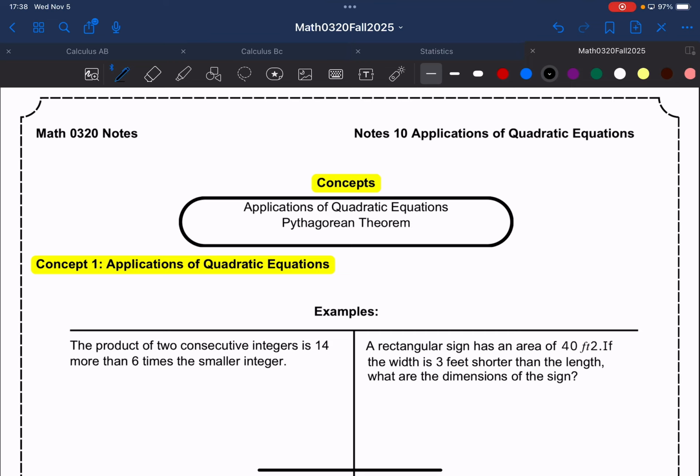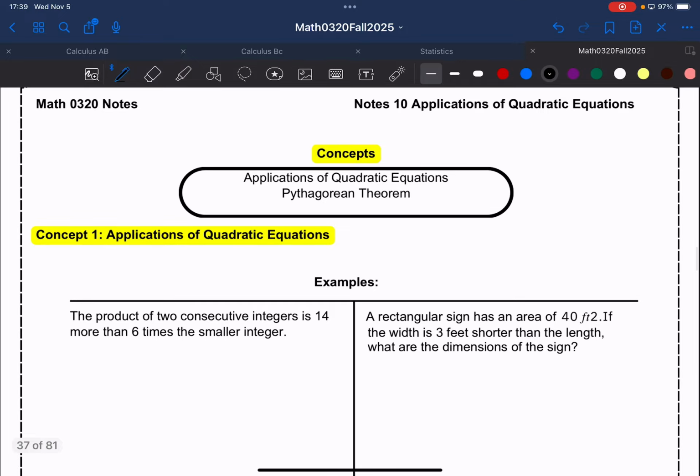Okay. So applications of quadratic equations. So we're going to first look at some very basic applications, and then we're going to talk about the Pythagorean theorem, because that is where, at least for this course, we would see the most applications. Okay.